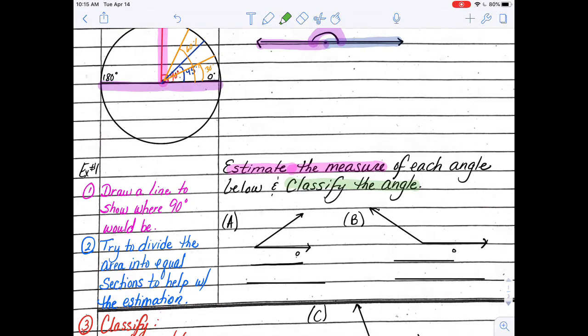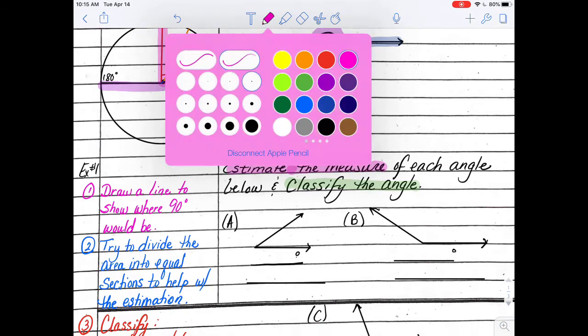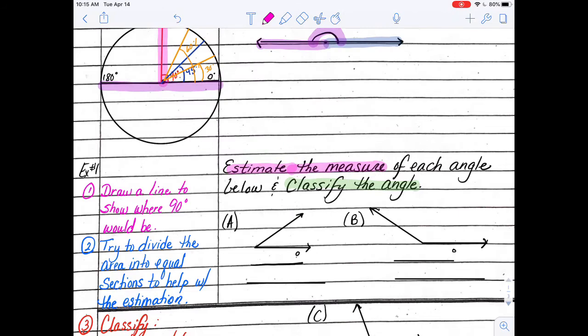So if I'm looking at this A right here, I'm telling you the best thing to do is to draw where that 90 degrees would be. Well, I know that on that line, if I drew it straight up like that, that would be a 90-degree angle. This is definitely smaller than that 90 degrees. I need to determine about how much this would be.